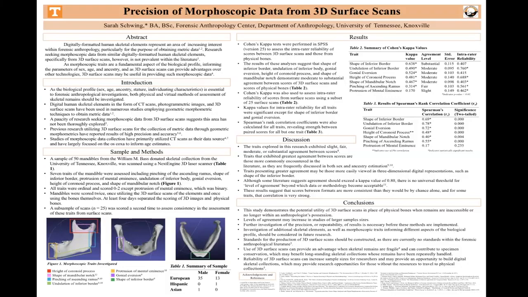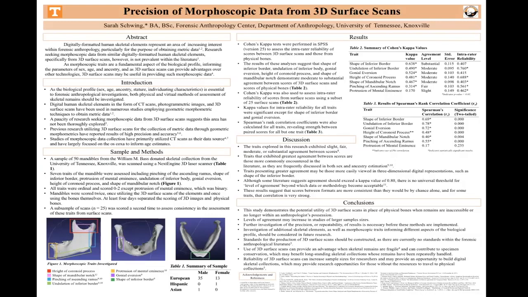And of course, larger sample sizes will definitely help to provide more information as to whether or not these methods are really useful and can be implemented, or if they are not reliable simply because it's too difficult to try to interpret these morphoscopic traits on a computer.